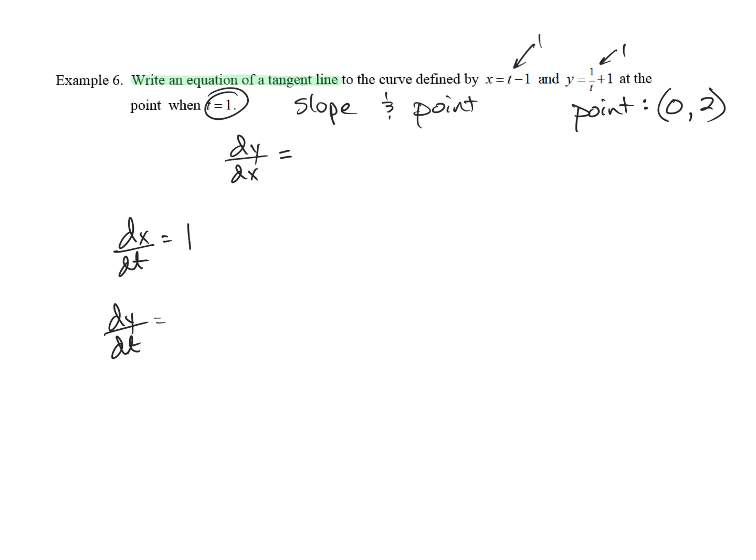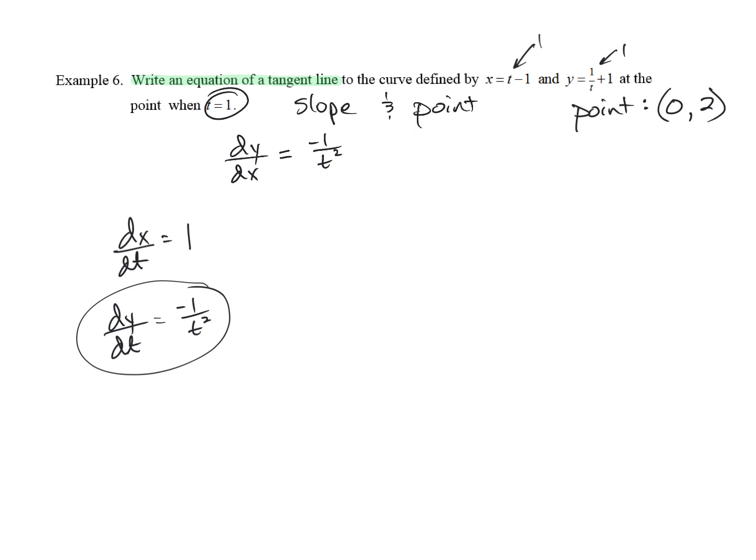And the derivative of y is just negative 1 over t squared, or negative 1 t to the negative 2. So you put the y over the x, and we end up getting just this guy, right? Because x is just 1. So it is negative 1 over t squared.